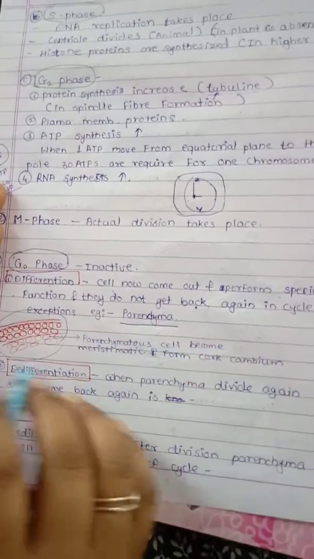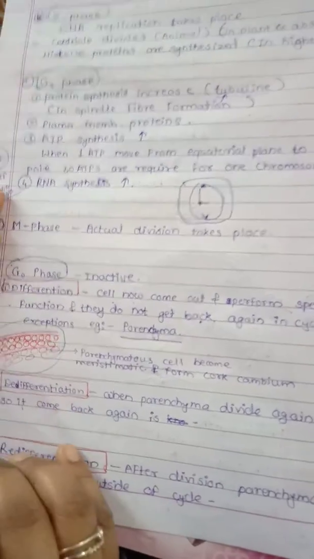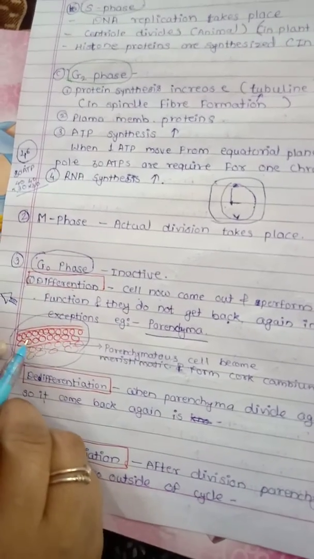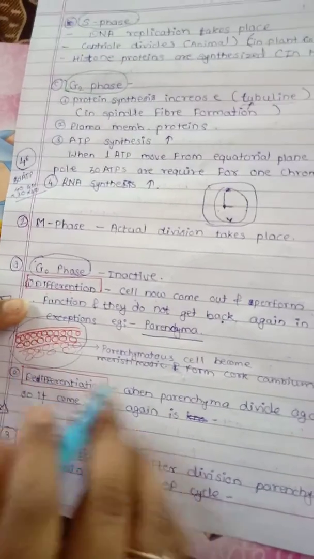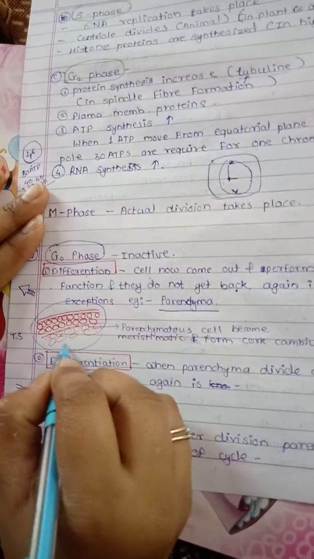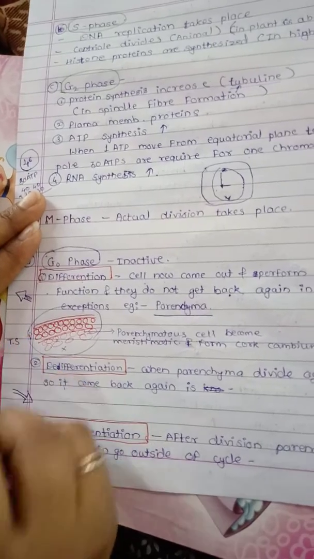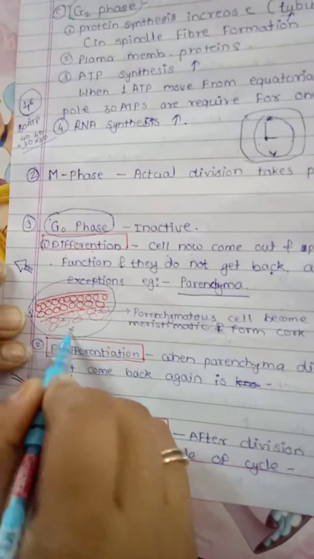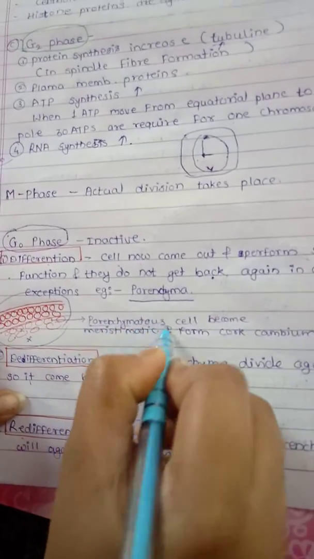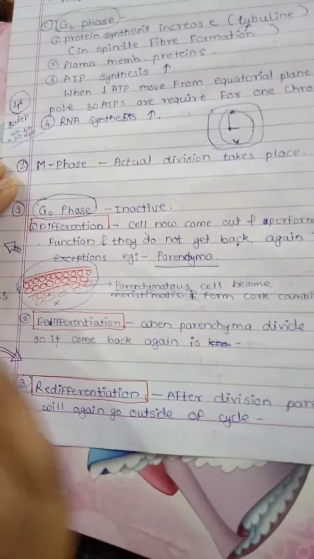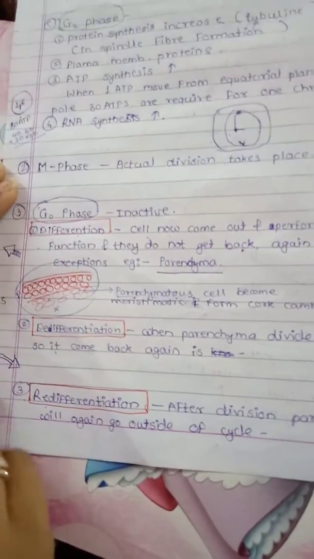The parenchymatous cells become meristematic because they have the capability of division, and after division they form meristematic cells or cork cambium toward the outside. Here the xylem cells are present and here phloem cells are present. The dividing cells are xylem. Then these are known as parenchymatous cells. The parenchymatous cells divide again and come back into the cell cycle.